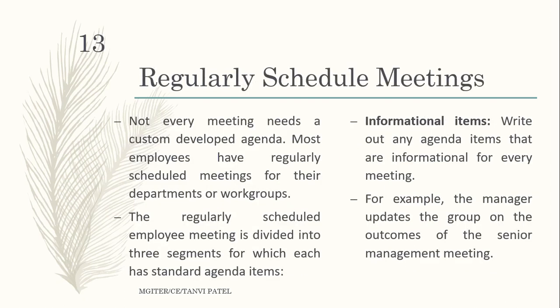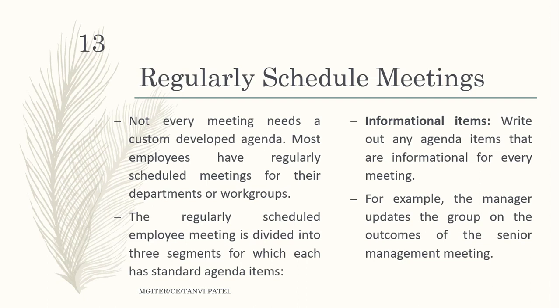Next, regularly scheduled meetings. Not every meeting needs a custom developed agenda. Most employees have regularly scheduled meetings for their departments or work groups. The regularly scheduled employee meetings are divided into 3 segments, each of which has standard agenda items.